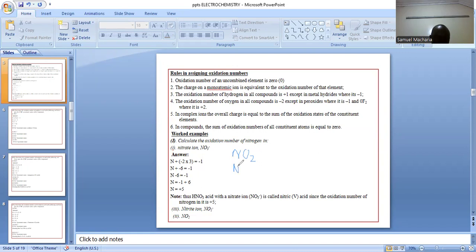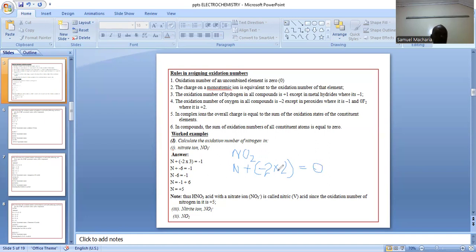Nitrogen, which is N, plus, now we put brackets. Now we come to the oxygen. Oxidation number of oxygen is -2. And because there are 2 oxygens, you multiply by 2, close the bracket, the total sum equals 0.